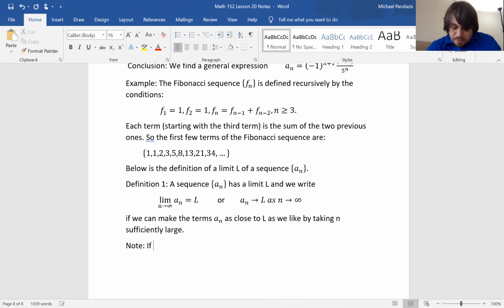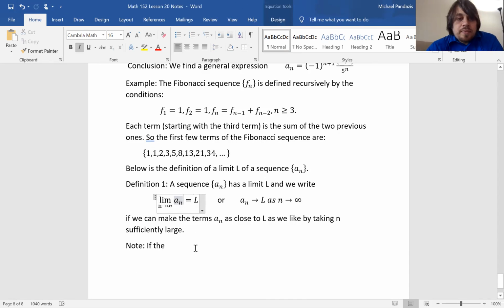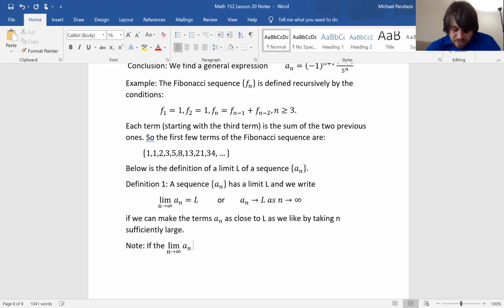Note, if the limit of A sub n exists, we say the sequence converges or is convergent.